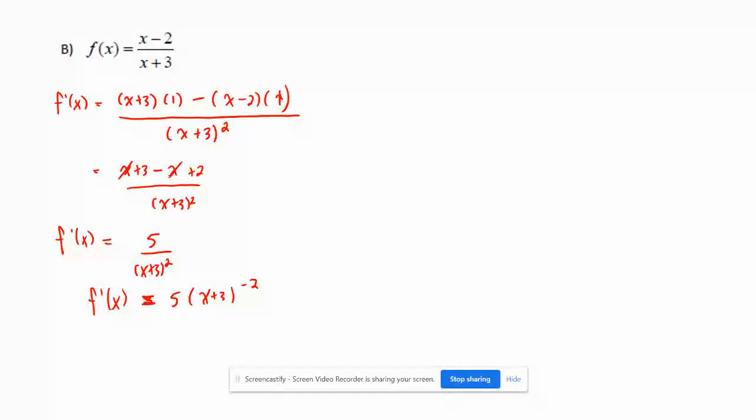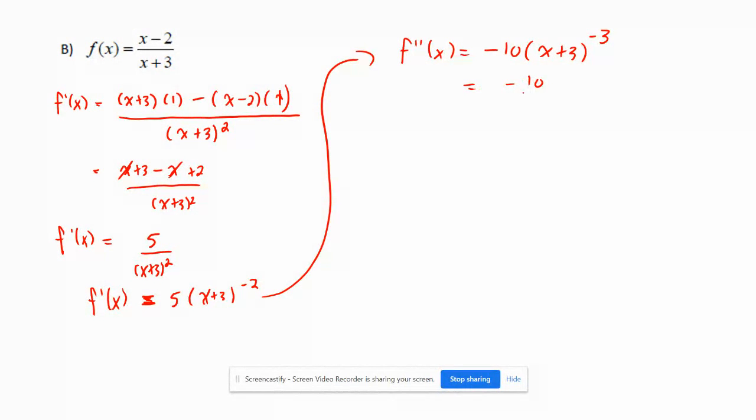Now coming back over here, our second derivative: the negative 2 comes down, negative 10 over x plus 3 to the negative 3. On our second derivative, negative 3 is not a zero, but it's a value that makes our second derivative undefined.